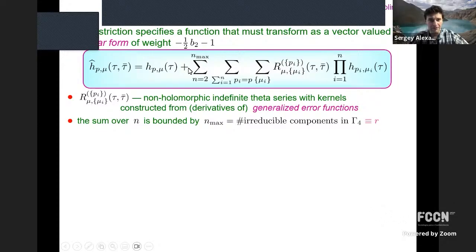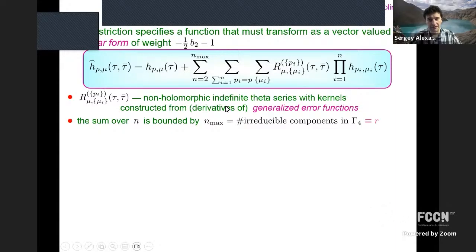And of course, since here we have a sum over constituents, the upper bound for this sum is just the number of reducible components which our divisor has. And in the following, I will denote this number by small r. So what this constraint means is that, as we already know, if our divisor is irreducible, then this r is equal to 1, so this term is absent, and this is equivalent to the requirement that our generating function is modular.